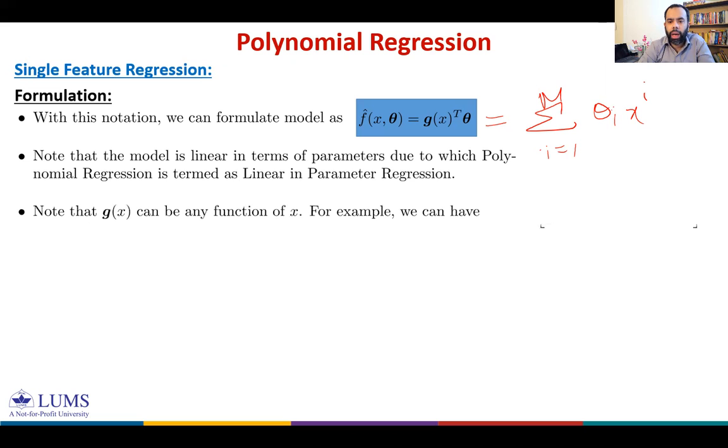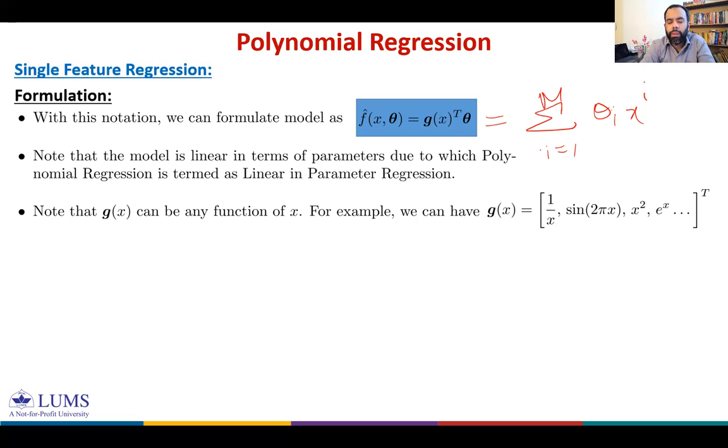For example, we can have this g of x, in which the first is 1 over x, sine 2 pi x, x squared, exponent of x. We can have any formulation, any relationship between x and g of x.